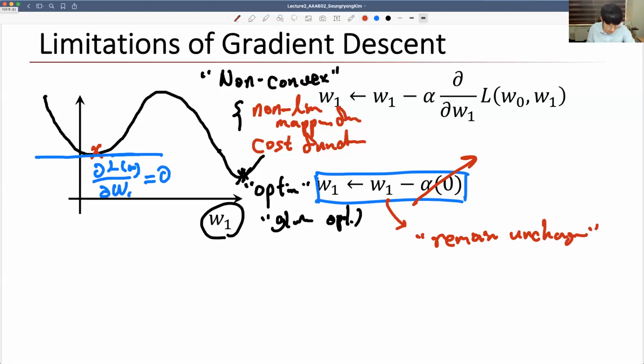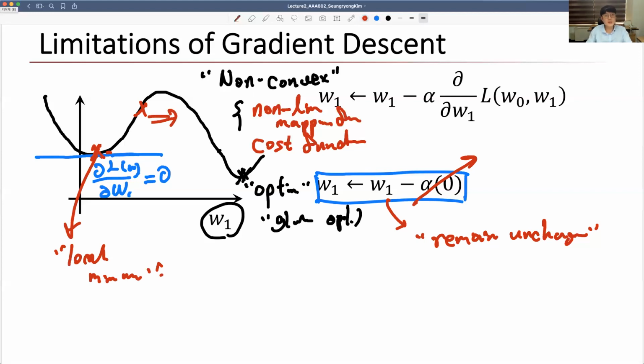So in this case, we cannot move to the optimal parameter values because we get stuck at the local minimum. Let's say this is a local minimum. This is one limitation of gradient descent. And another limitation here. Let's suppose that we are here. Actually, we want to move this way, right?